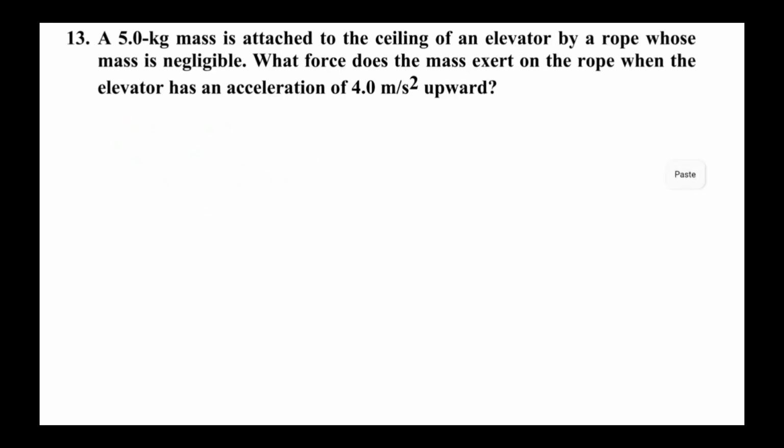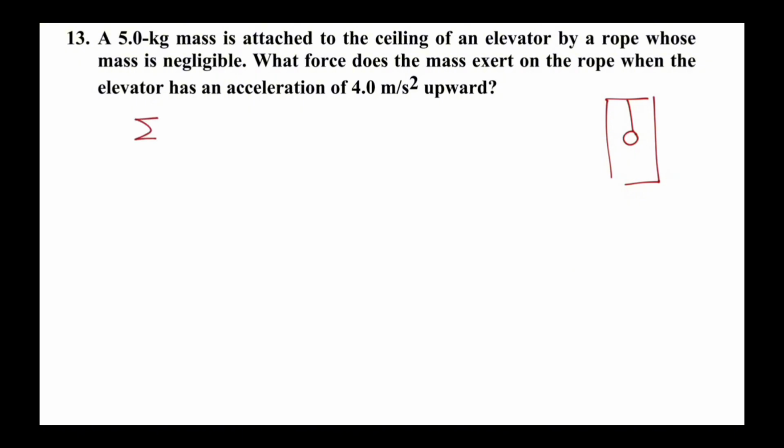A 5-kilogram mass is attached to the ceiling of an elevator by a rope whose mass is negligible. What force does the mass exert on the rope when the elevator has an acceleration of 4 meters per second squared upward? Now again, this is the elevator box, and we have an object hanged by a rope like this.